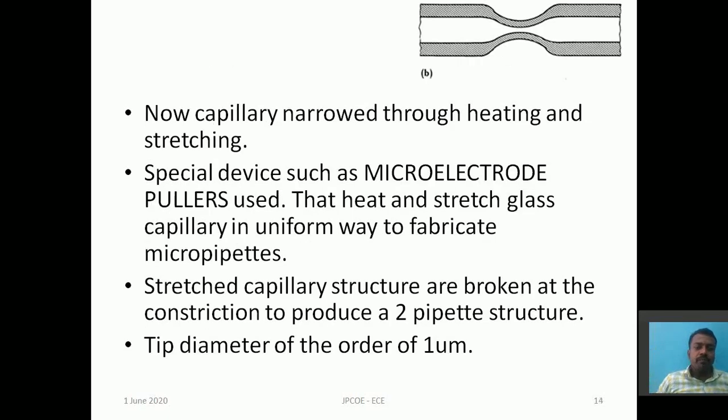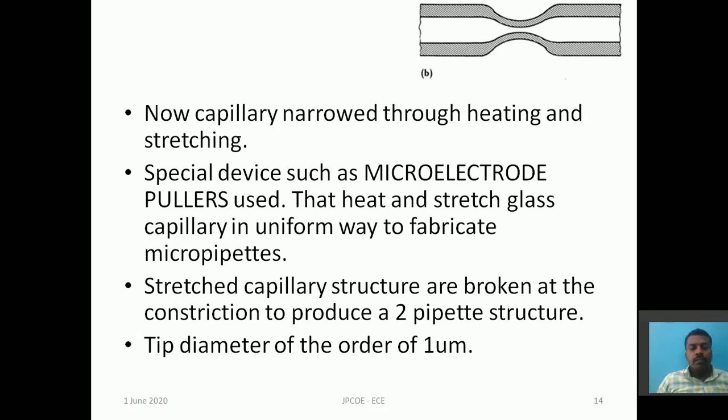Then second, see the diagram. Now the capillary is narrowed through heating and stretching. A special device such as a microelectrode puller is used to heat and stretch the glass capillary in a uniform way to fabricate micropipettes. So the instrument is the microelectrode puller.